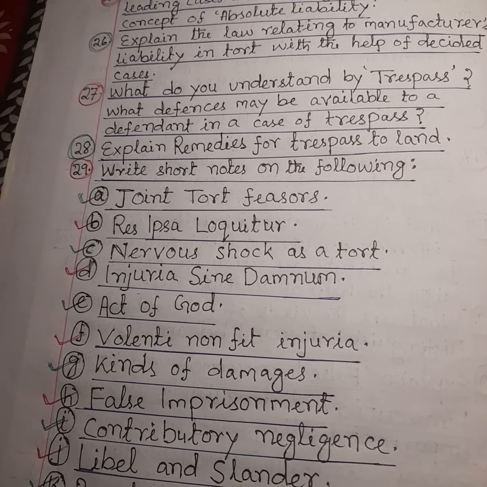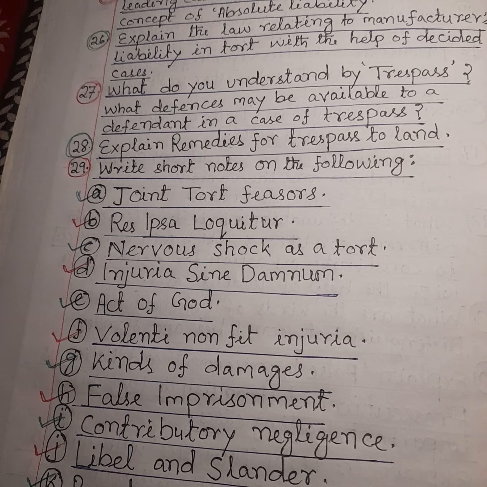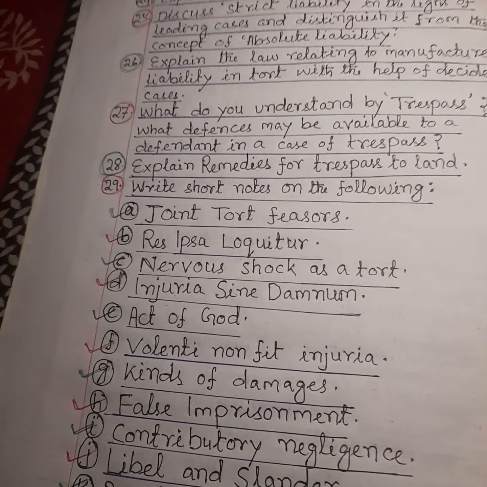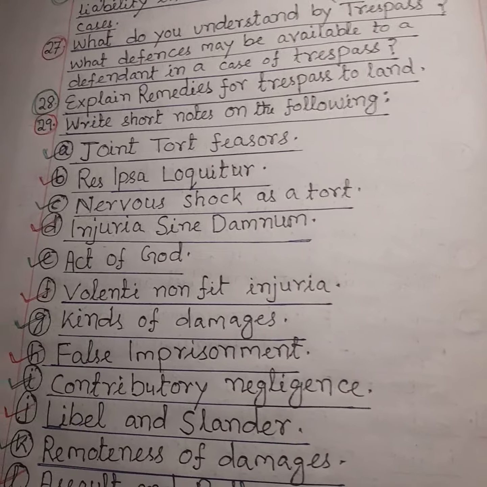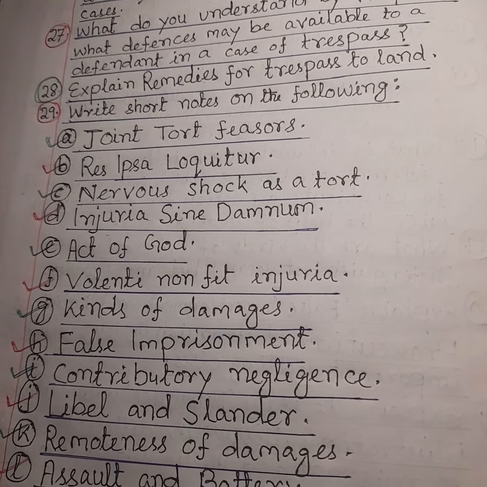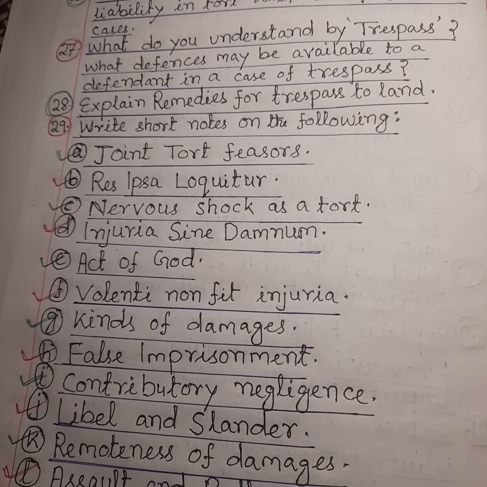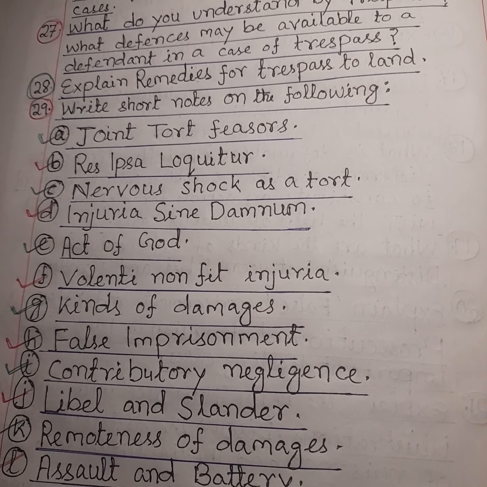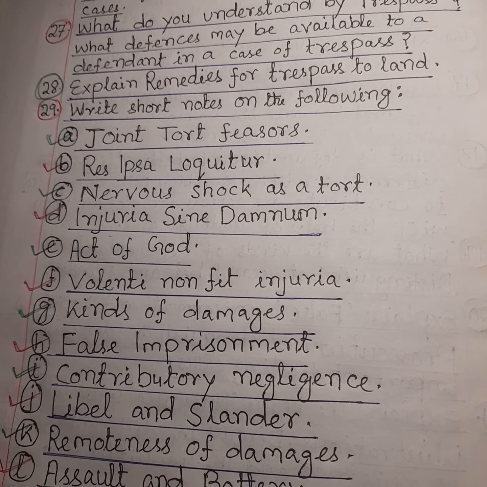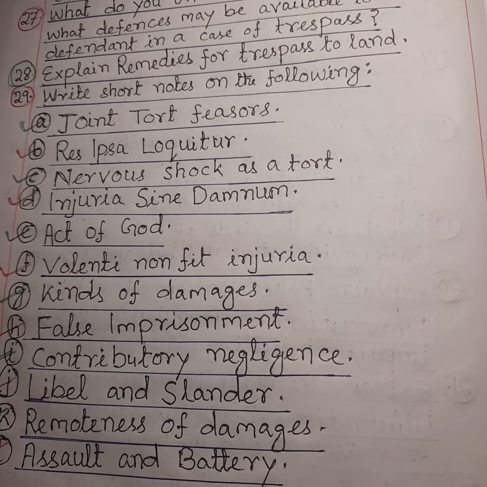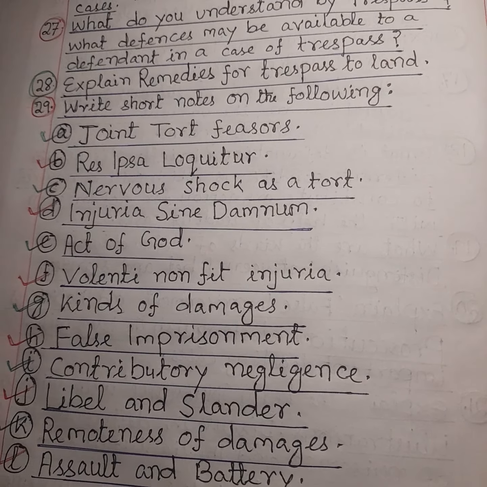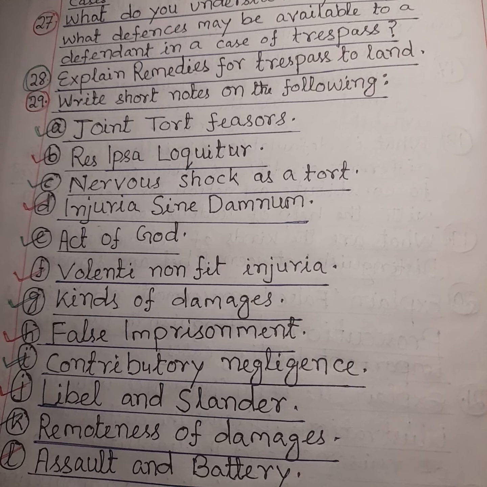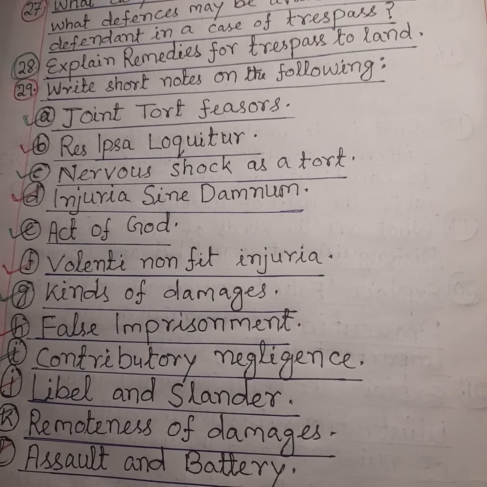So also the negligent and wrongful act of the plaintiff would be a defense against trespass to goods, so also rightful claim. So these are the defenses available in regard to trespass to goods.